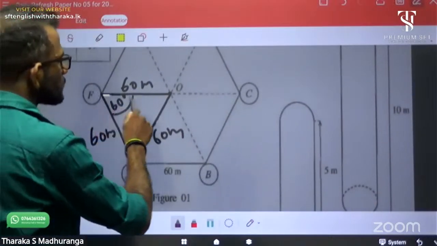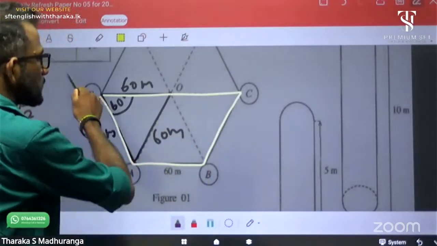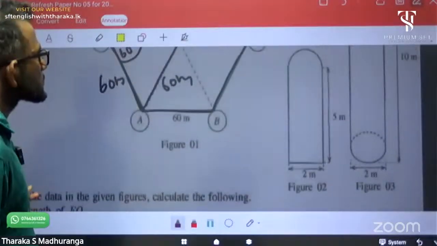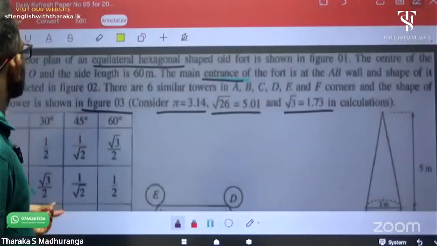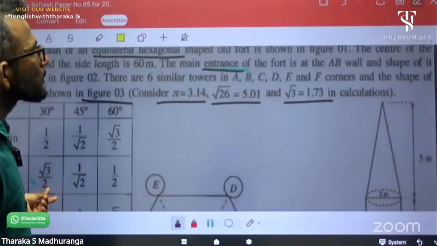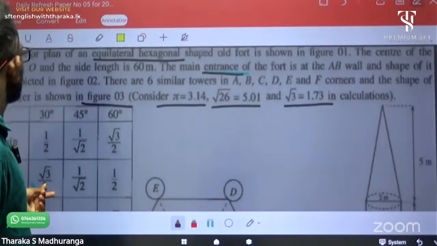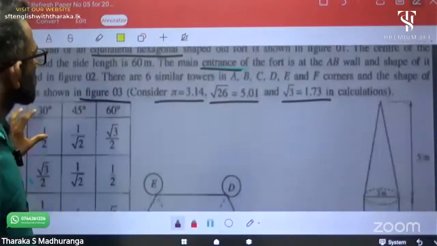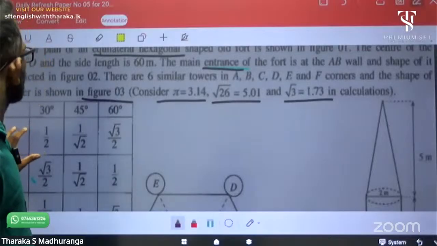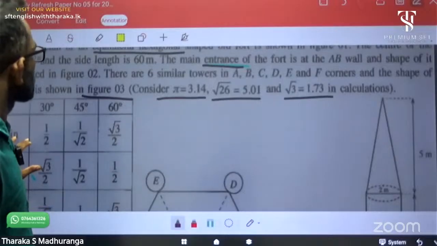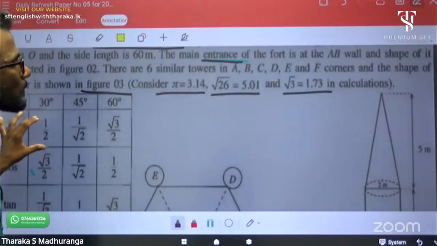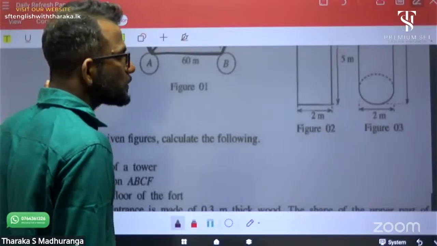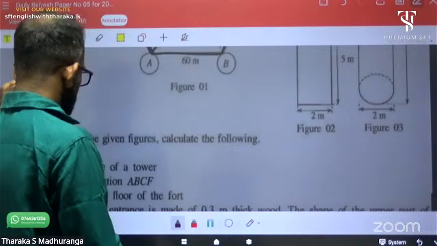ABCF. That means half. Sorry. In question number 2, the area of the tower is asked.